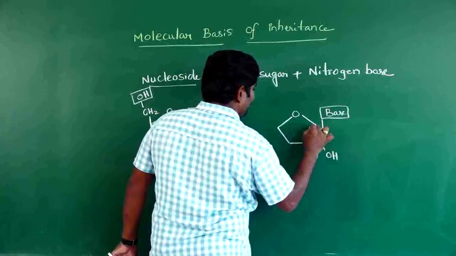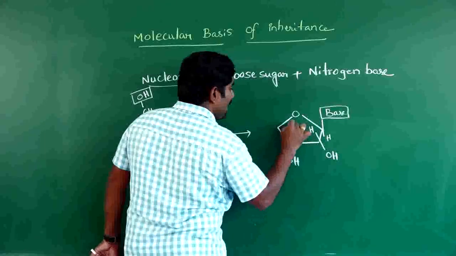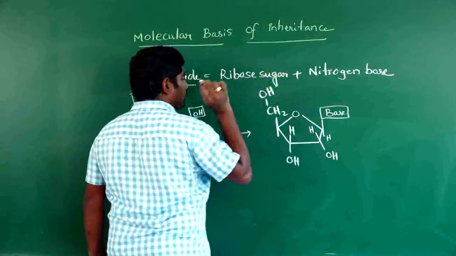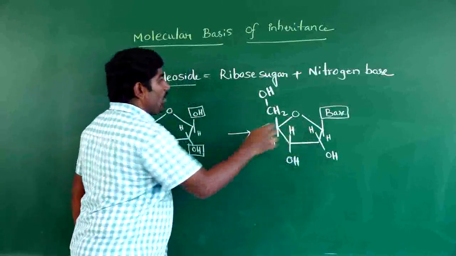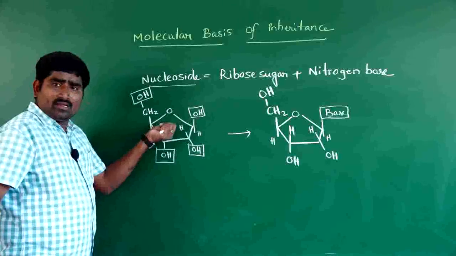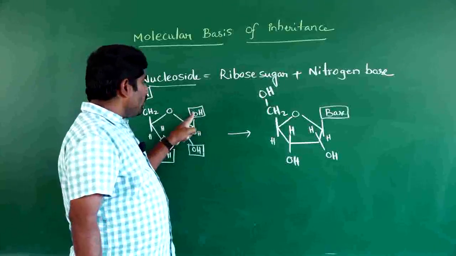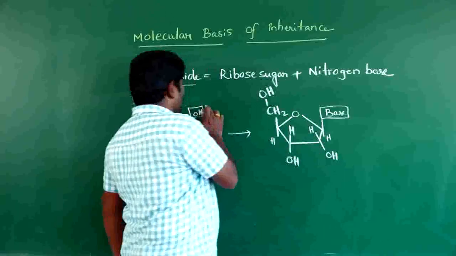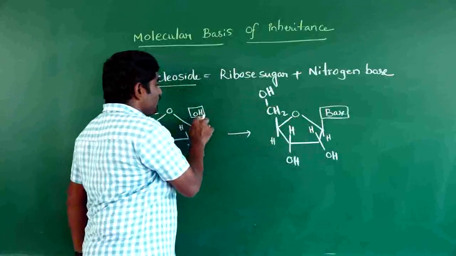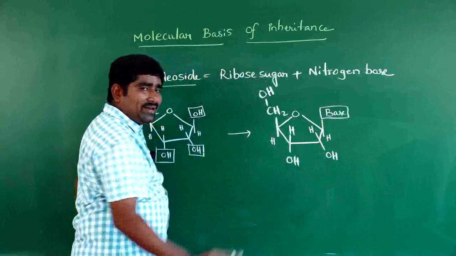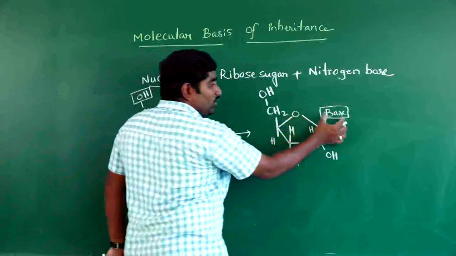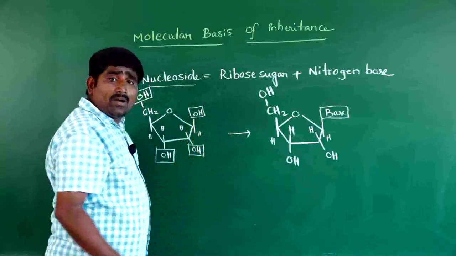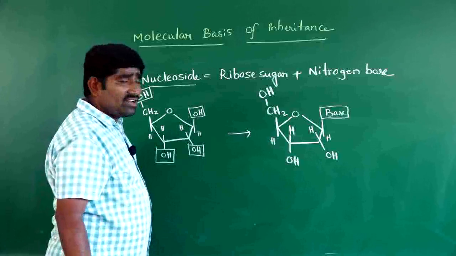The second carbon OH group is left as it is, and so are the third and fifth carbon OH groups. So now this ribose sugar contains a base here. One hydrogen from the nitrogen base and this OH group are together removed in the form of a water molecule.